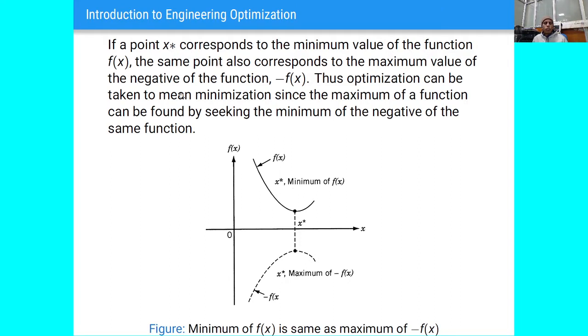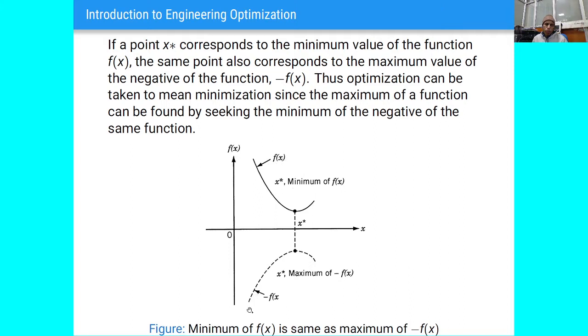It is a property of the optimization techniques that if we want to get the minimum of a function f(x), we can do the reverse also: we can get the maximum of minus f(x), the same function with a negative sign.